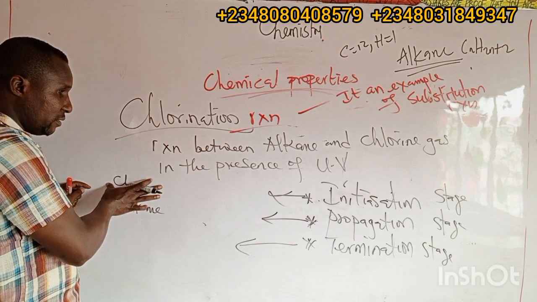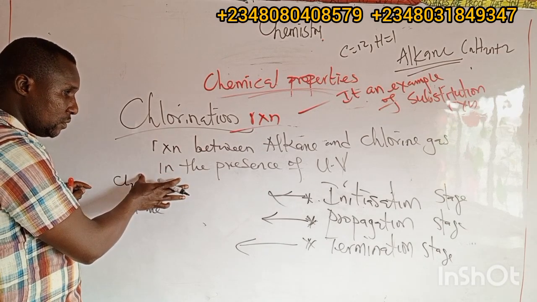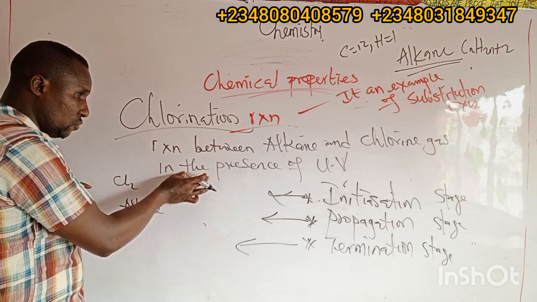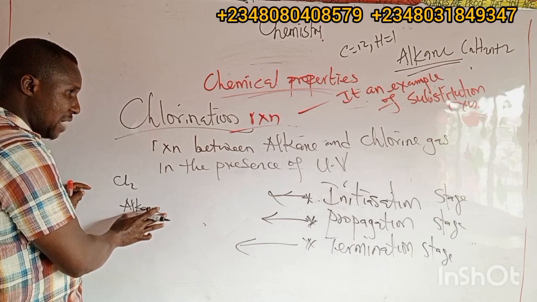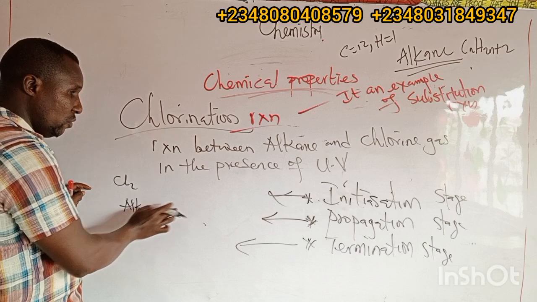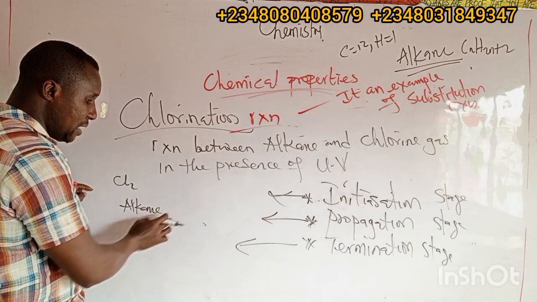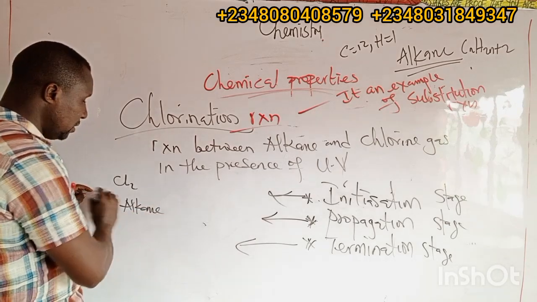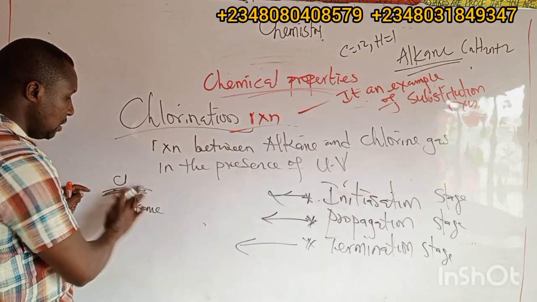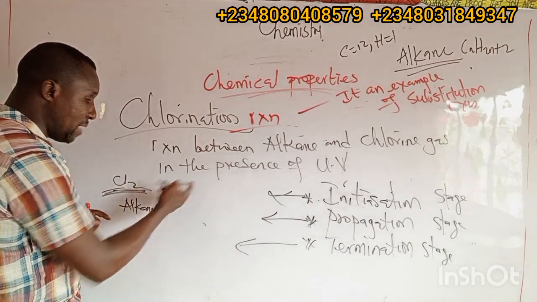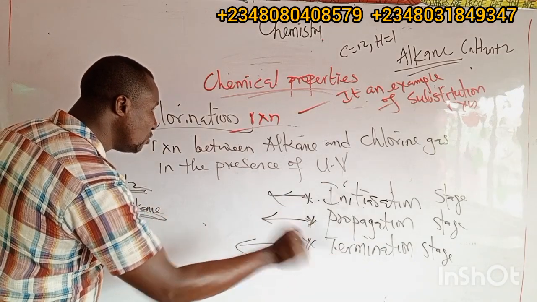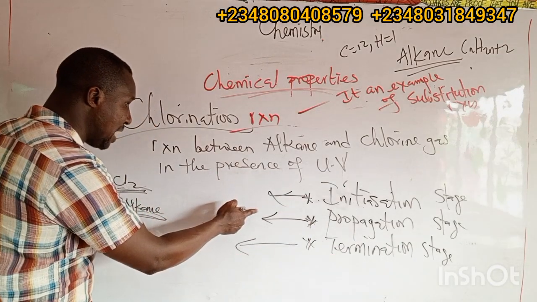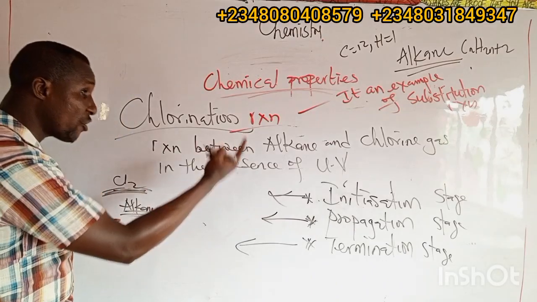When the chlorine gas splits into two to form radicals, the alkane also loses a hydrogen atom to form a hydrocarbon radical, which is an alkyl radical.